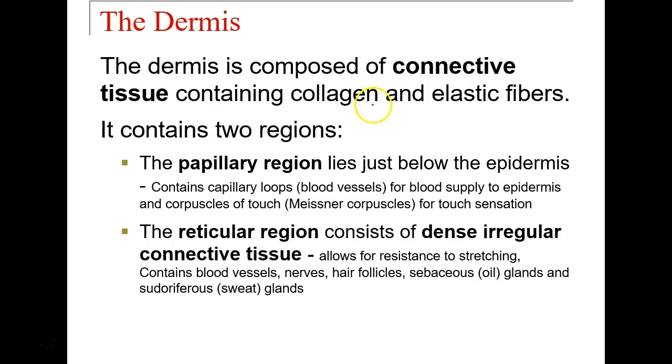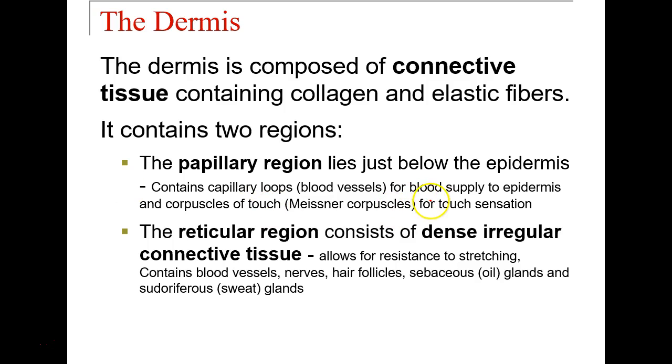On to the dermis, that second layer. This is connective tissue, no longer epithelial tissue. We see a lot of collagen and elastic fibers here for strength and flexibility. We have two layers to this: the papillary region and the reticular region. The papillary region is the closest region to the epidermis.